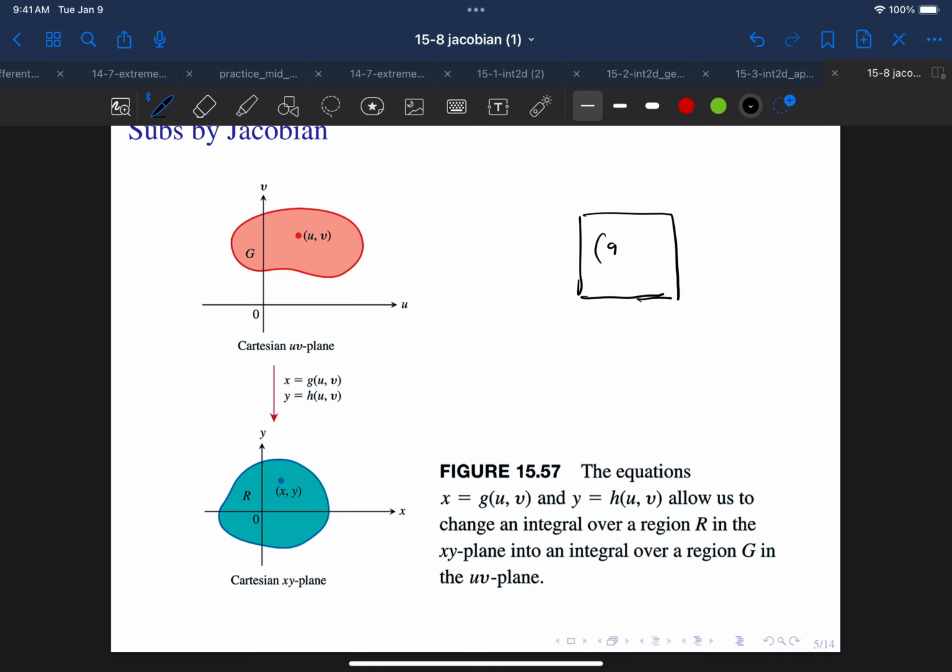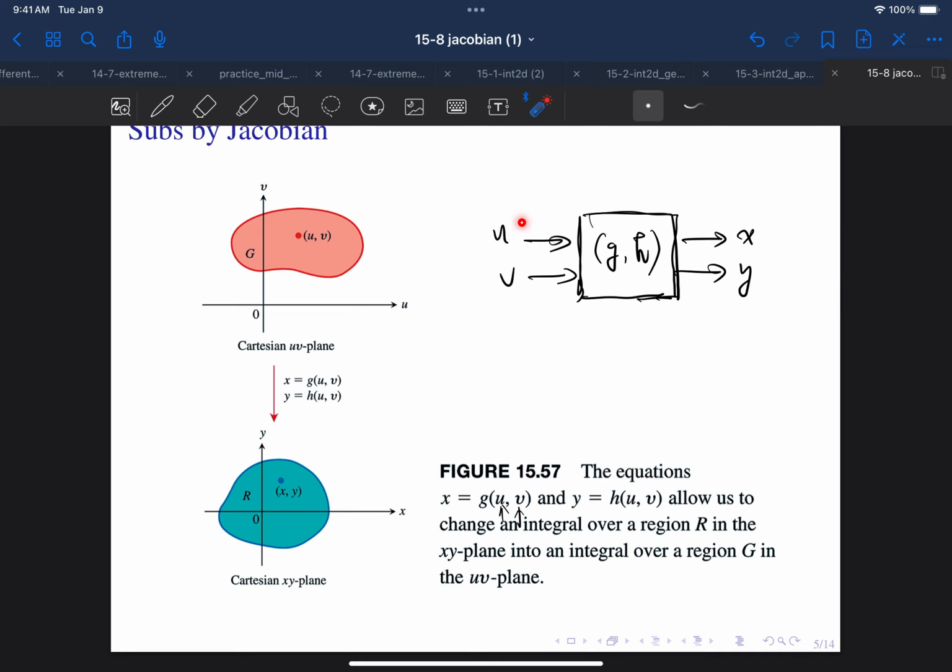When you put two numbers u and v inside, you get x and you get y. So the transformation is a machine which takes two numbers in and spits two numbers out.